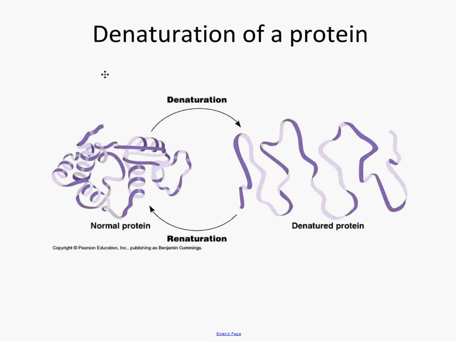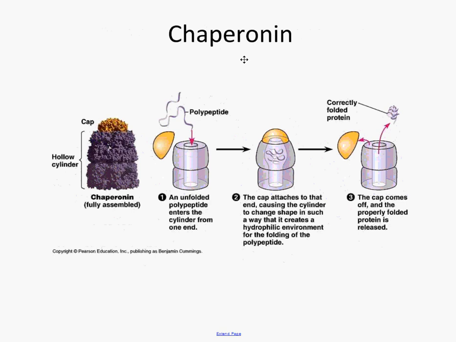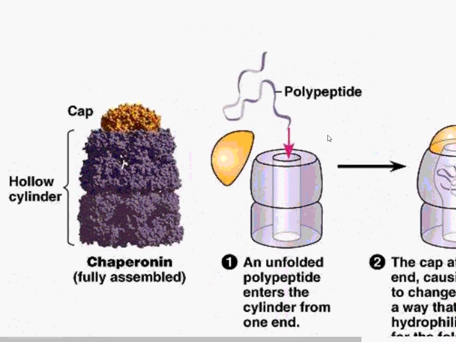So one more thing about how proteins will fold up. There are molecules in the cytoplasm called chaperonins. And they're proteins themselves, but I like to think of them as little floating changing rooms. Here's the polypeptide. This is the primary structure that is going to enter into this little capsule here.